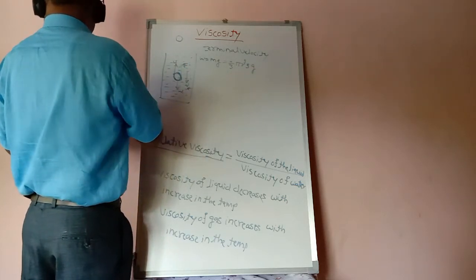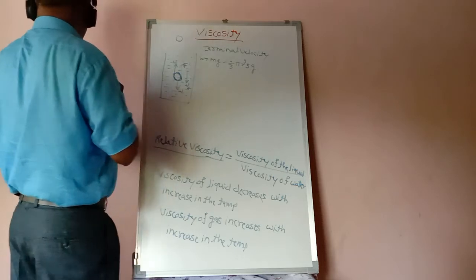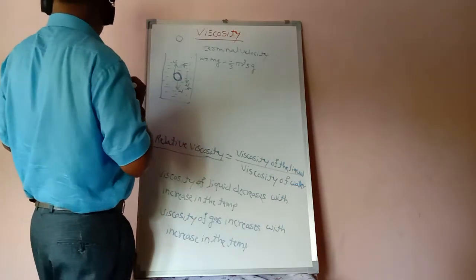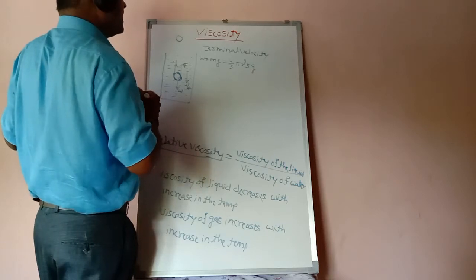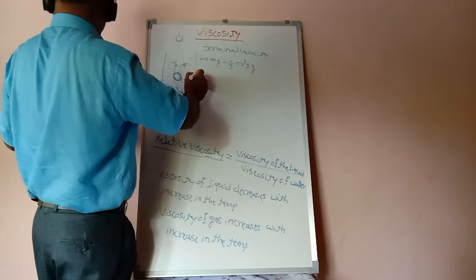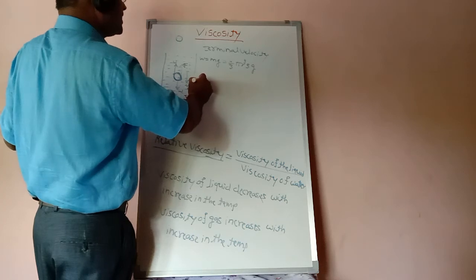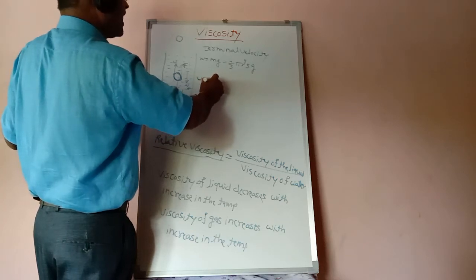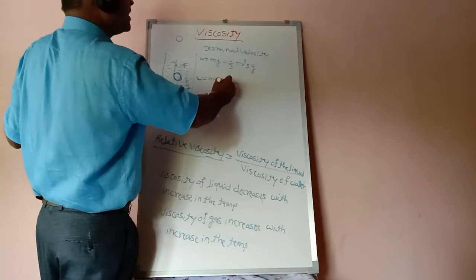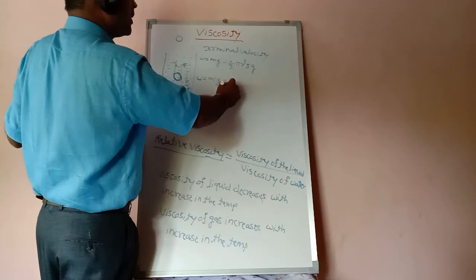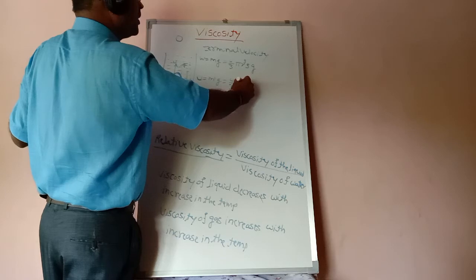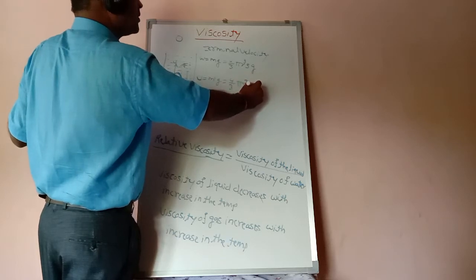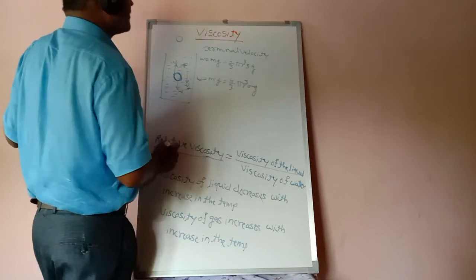The next one is the upward thrust, which is the weight of the liquid displaced. So U is equal to M dash into g, that is 4 by 3 pi r cube into density into g.